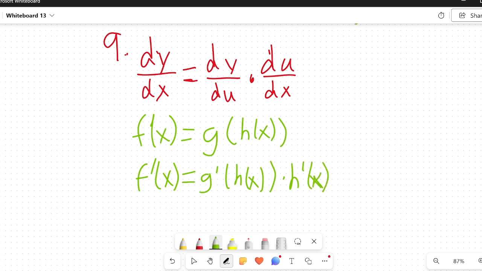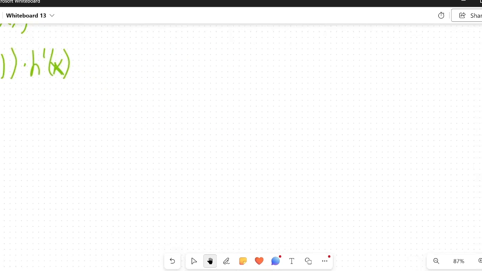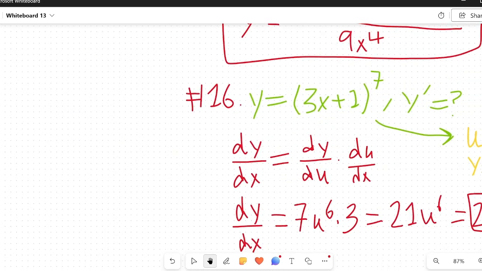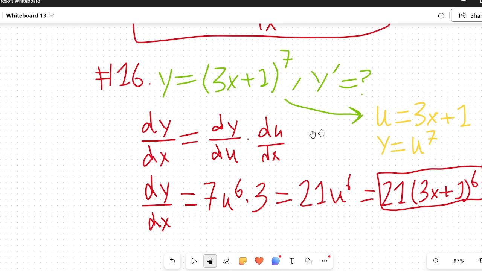So in this case, we get quicker at solving this, and we don't have to use u. We just say that g of x is equal to x to the 7th, and h of x is equal to 3x plus 1. So the derivative of x to the 7th is just 7x to the 6th. Plug in 3x plus 1 there, and then multiply by the derivative of h of x, which is just 3, right?